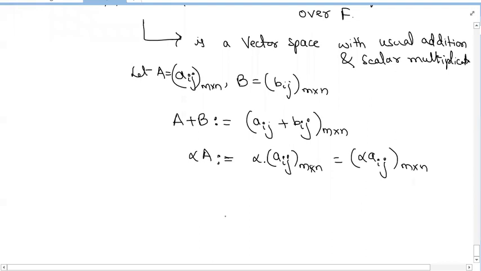If F is equal to R, it's the space of real matrices, and if F is equal to C, this space is called the space of all complex matrices. Now there is another fundamental example, F[x].